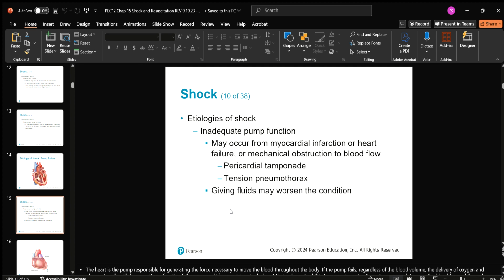All right, so there's several different reasons that can occur. One could be congestive heart failure, okay, but there's also some other options where we have myocardial infarctions. What is that? What is a myocardial infarction? It's a heart attack, okay? What is the primary cause of a heart attack?